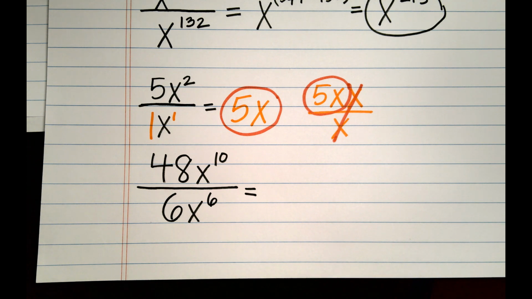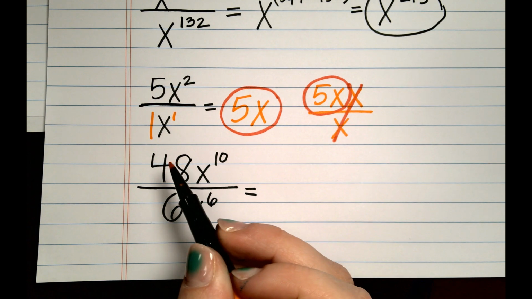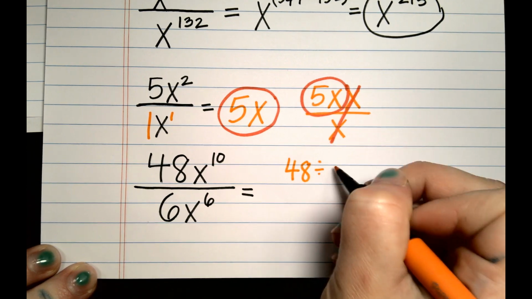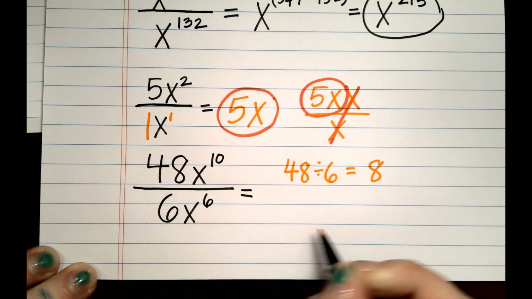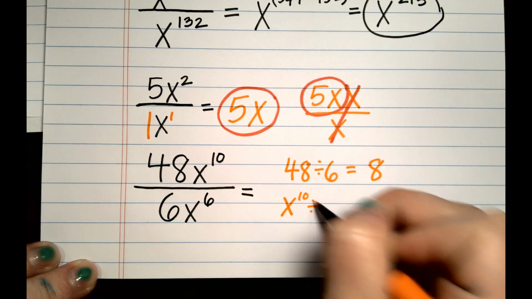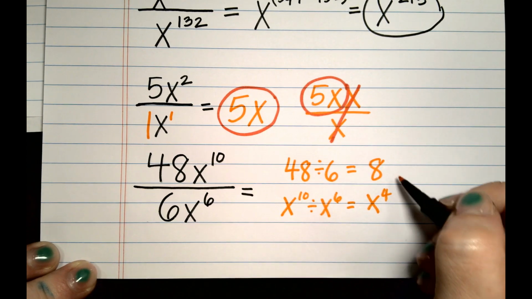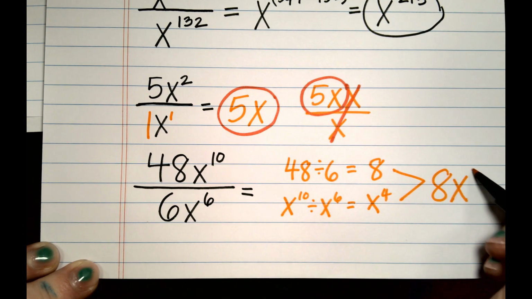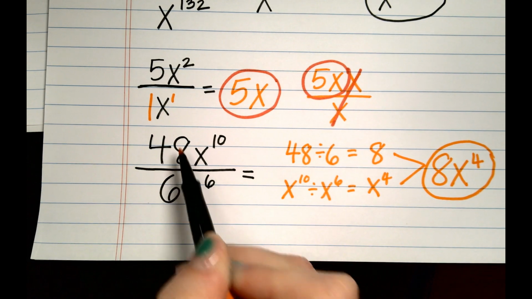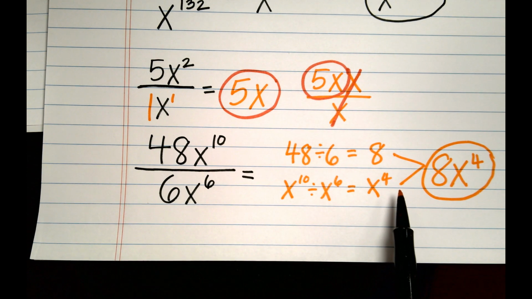So how did you get that? Yes, 48 divided by 6 is 8. And then x to the 10th power divided by x to the 6th power is x to the 4th power. Good. So our answer is 8x to the 4th power. We just divided our big numbers first, our coefficients. Then we divided our exponents, and we got our answer.